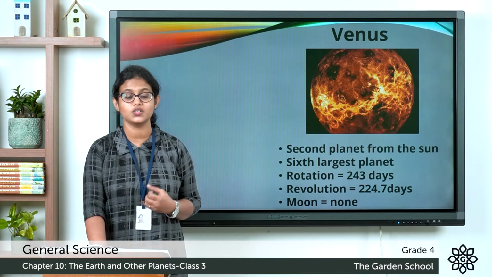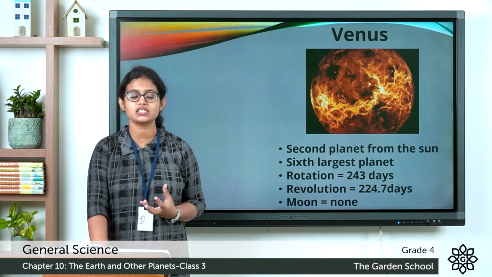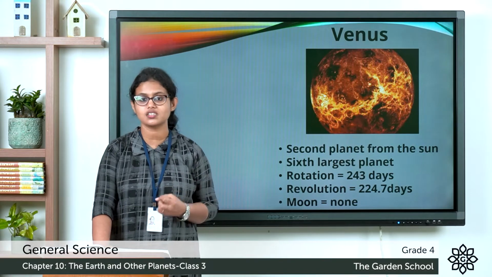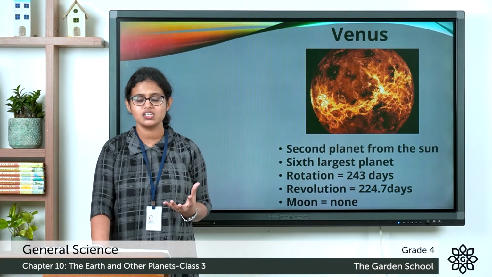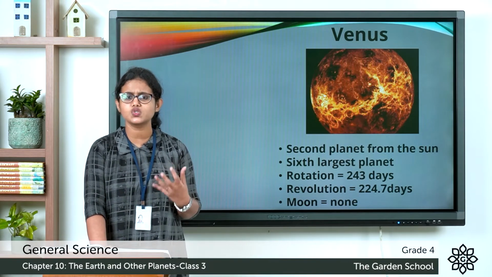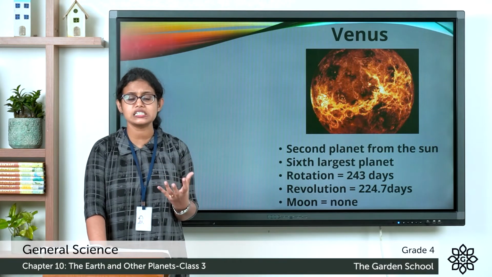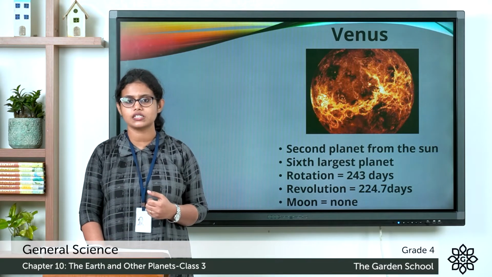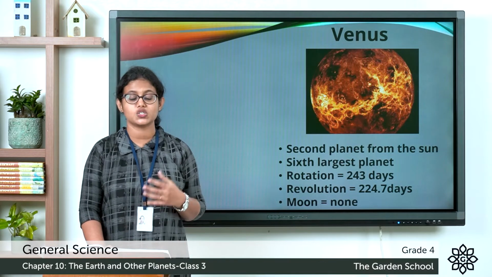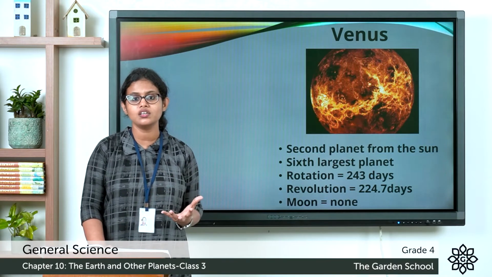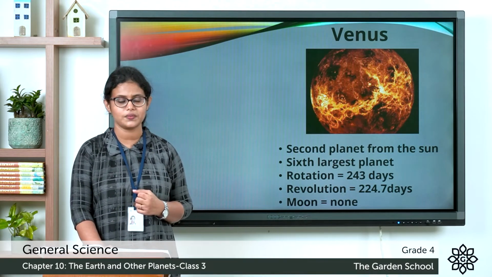This planet, Venus, is called the morning and evening star. You know why? Because this planet shines so brightly as it appears soon after the sunset and dawn.